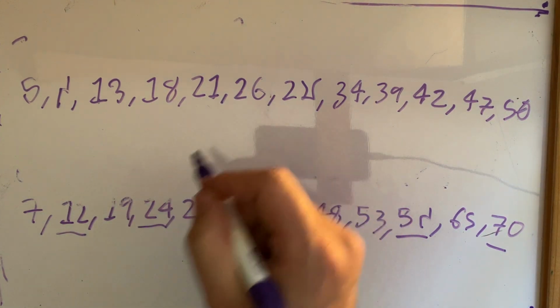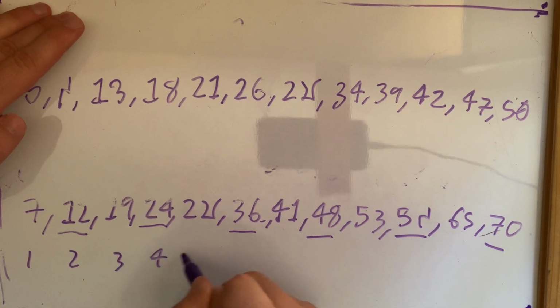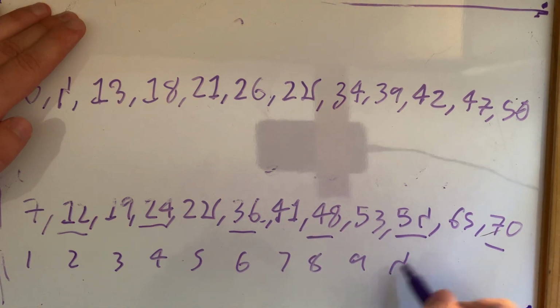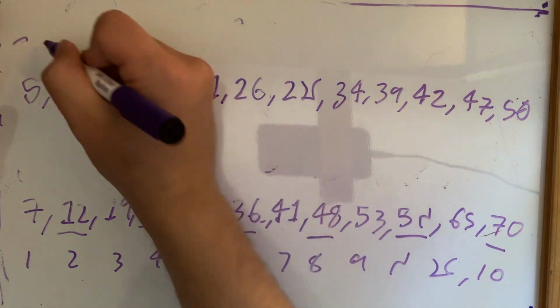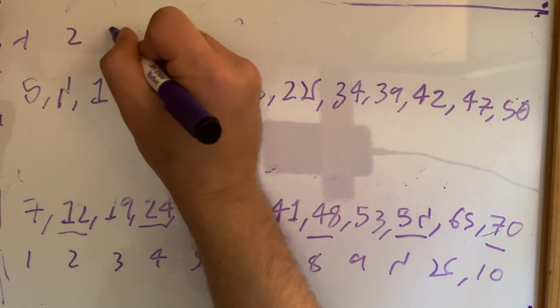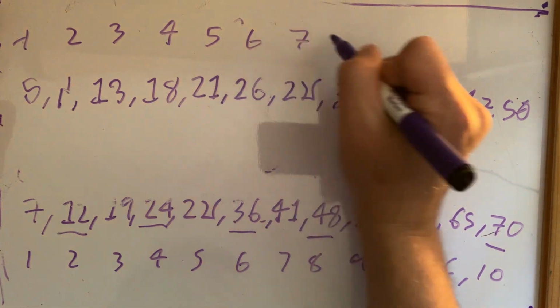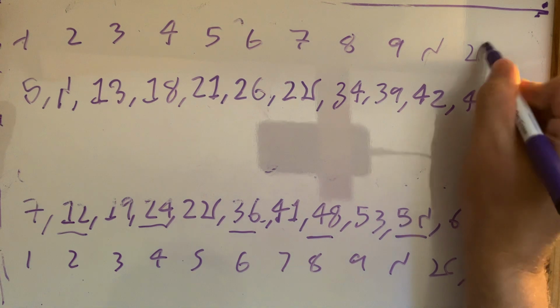So, I'm just going to write down 1, 2, 3, 4, 5, 6, 7, 8, 9, 10, 11, 12. 1, 2, 3, 4, 5, 6, 7, 8, 9, 10, 11.